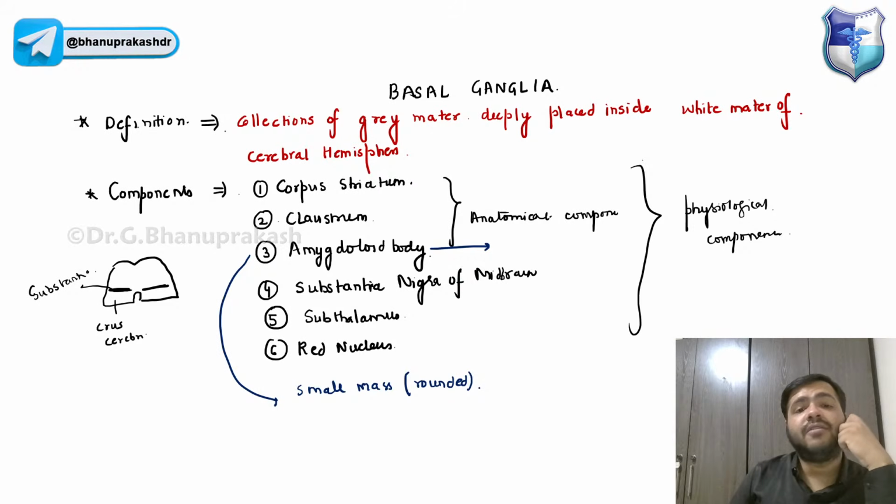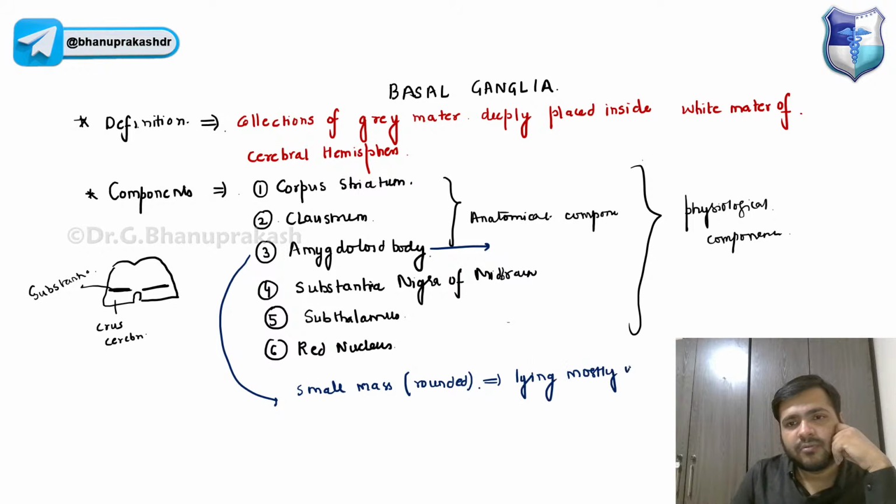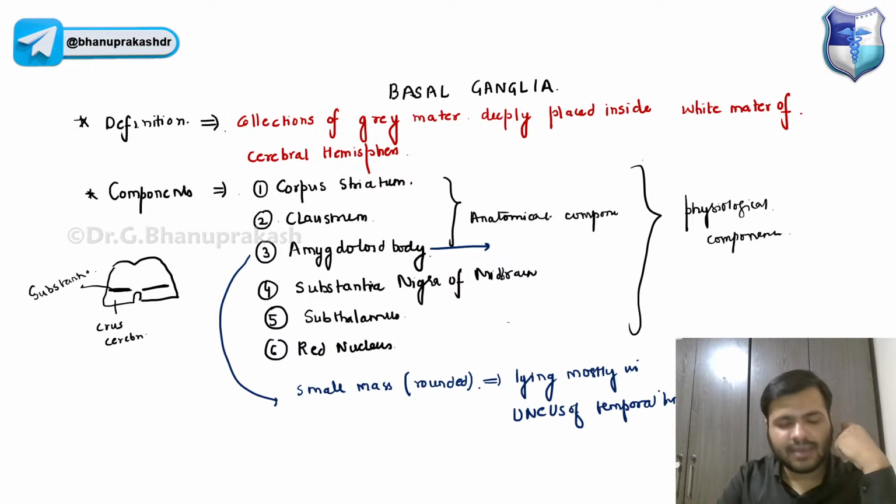You might have heard about the uncus of the temporal lobe. The amygdaloid body is mostly in the uncus of the temporal lobe. It is basically joined to the tail of the caudate nucleus.